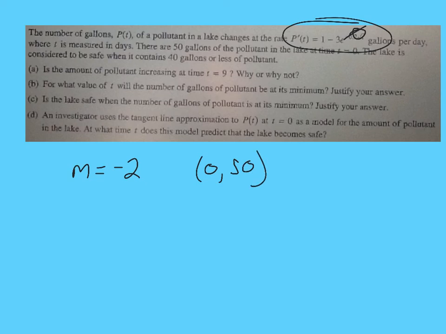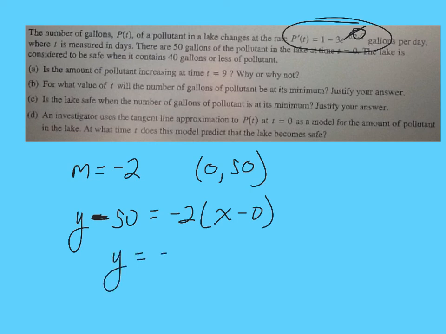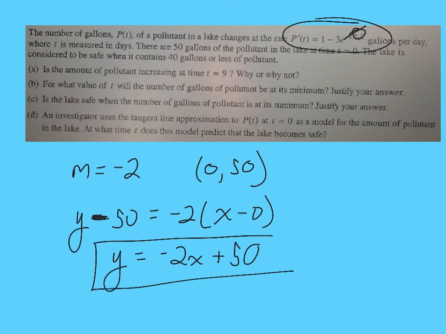So if we put together our tangent line, we get y minus 50 equals our slope times x minus 0. And that then becomes y equals negative 2x plus 50. Remember, y in this case is the amount of pollutant, and x is the number of days.